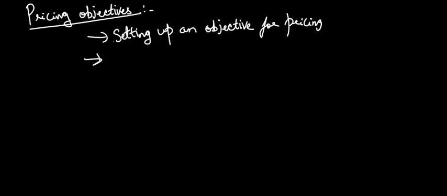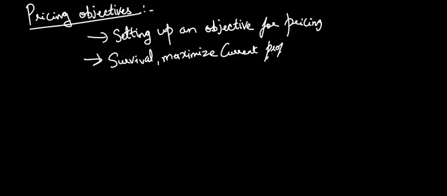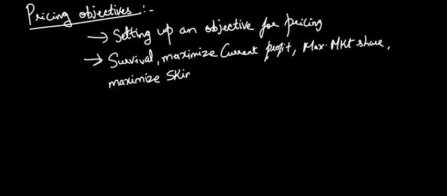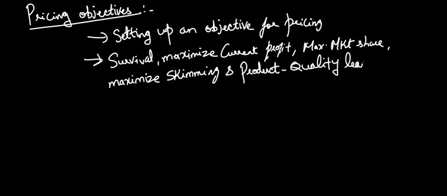The objectives may be anything like survival in the market, or it can be maximizing the current profit, maximizing the market share, or maximizing skimming, and finally maybe the most important thing is product quality leadership, which means the product which is associated with a very good quality and setting up a price as such leadership.